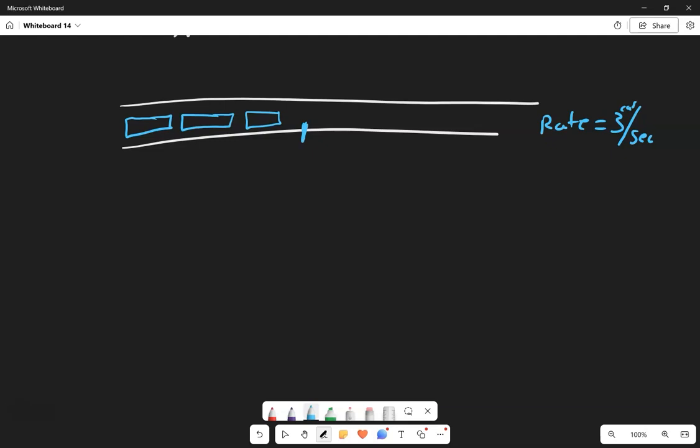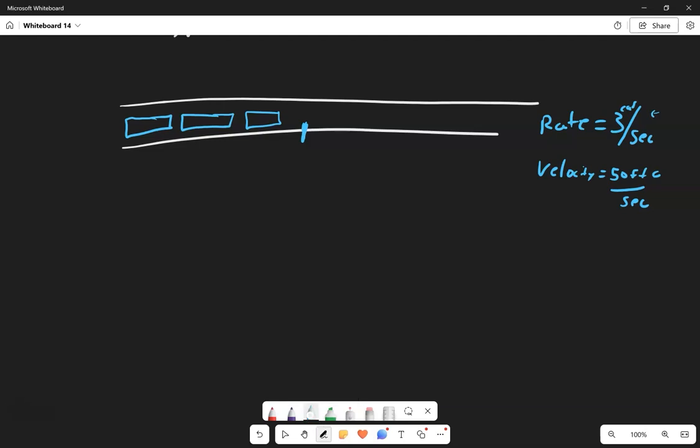So that is our flow rate. And let's just say that the velocity of each car is 50 feet per second. Notice this is how far they travel per unit of time. This is how much travels past a point per unit of time.